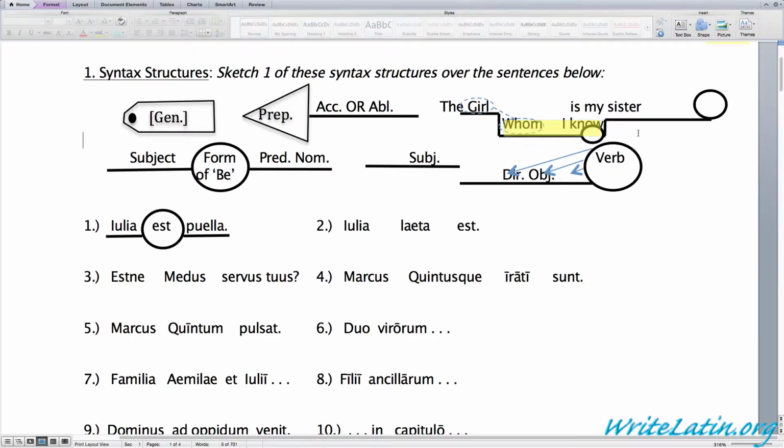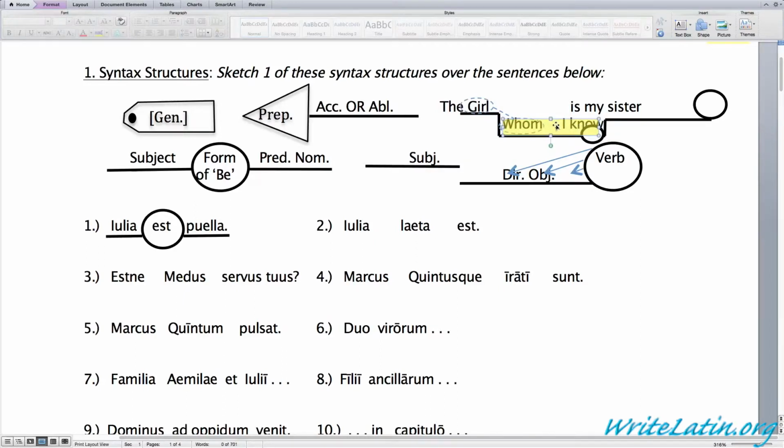Because remember, we can translate whom as "and her." So we could have said, "The girl is my sister, and I know her." That would be an acceptable way to translate that sentence. Okay, so the two things whom can do is it refers to its antecedent, the girl, and it functions normally within its own relative clause.